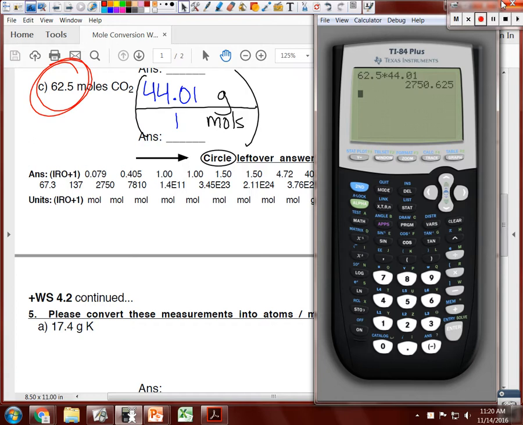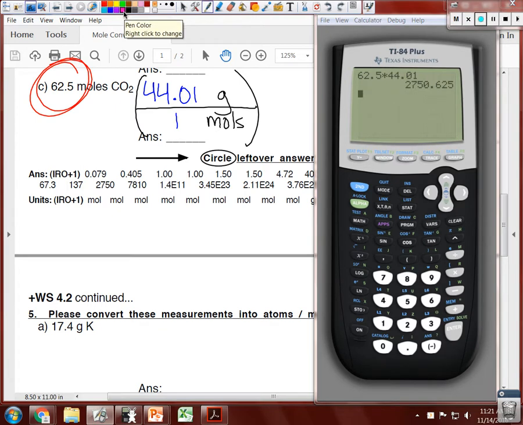Turn it to a 0. So do we keep that last 0? Yes, because we need 3 significant figures, and that 0 is to the left. So it's going to be 2,750 grams of carbon dioxide.